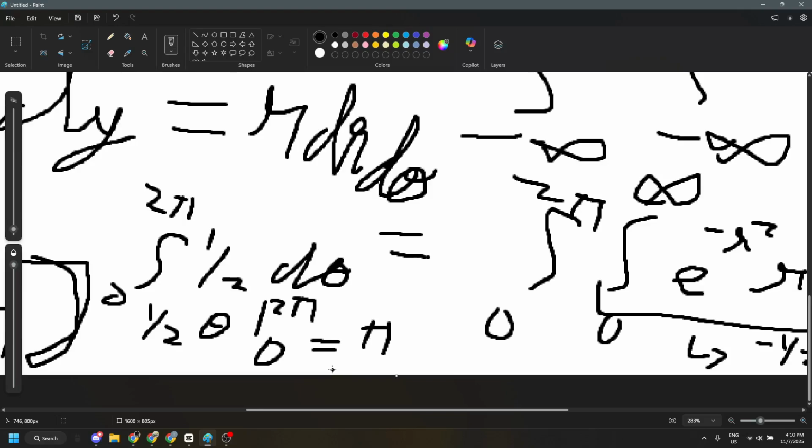How to integrate e to the power of negative x squared from negative infinity to positive infinity. Yeah.